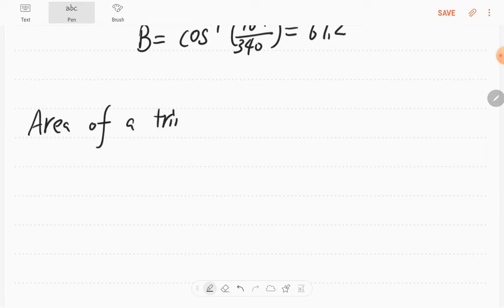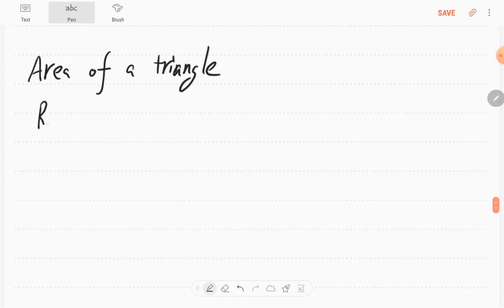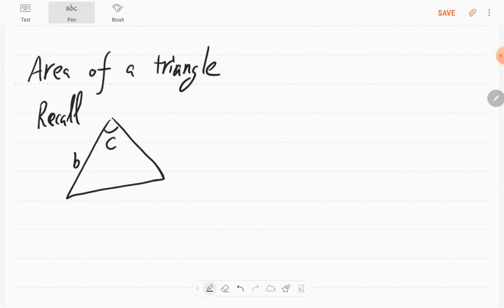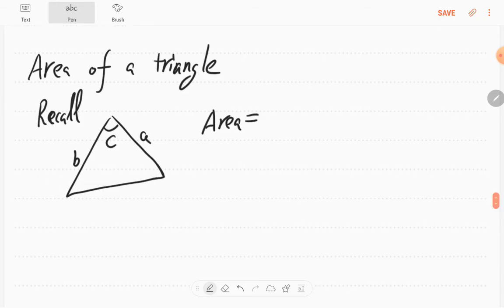Last time, when we talked about the law of sine, recall that if we know two sides, a and b, and the angle C between them, the area of the triangle is equal to 1/2 a times b times sine C.